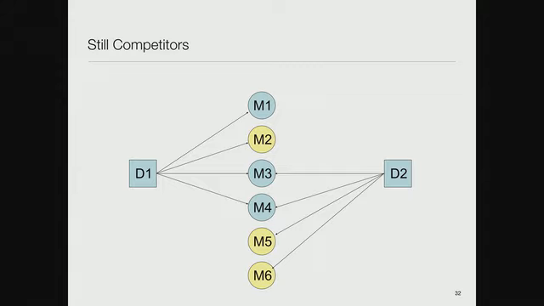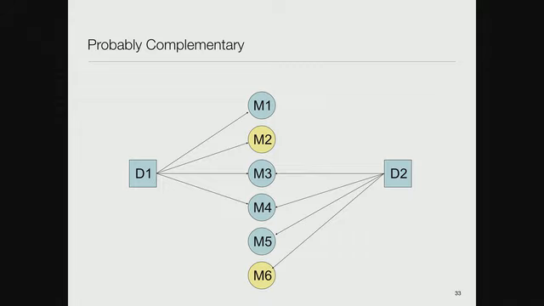What about if I add M1? So here, it's getting a little dicier. Now you're more likely to think that it's D1, but if it's D1, that could explain all the manifestations, and D2 is still viewable as a competitor. On the other hand, if I also add M6, now neither disease can explain all the manifestations.